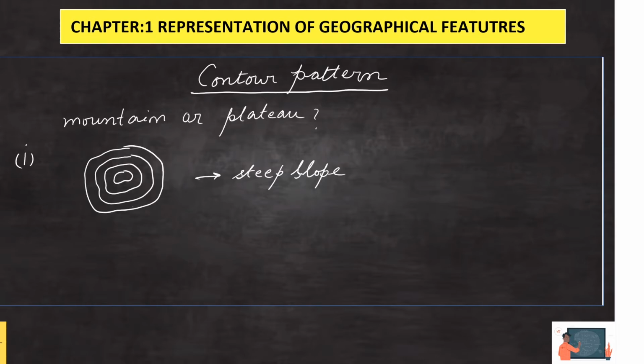So suppose this is 500 meter, this is 600, this is 700, and finally this is 800. So when the contours are close to each other, then it will form steep slope.